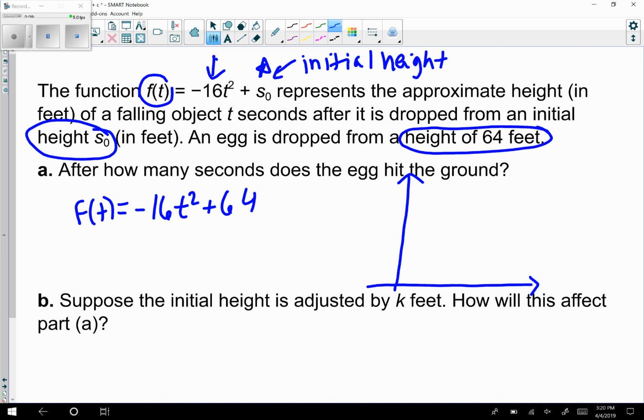So you're just going to have to be really, really diligent and careful of setting your graph up. Okay, so my y-axis is going to represent the height, and that's technically in feet. And then the x-axis is going to be the time, and that's going to be in seconds.